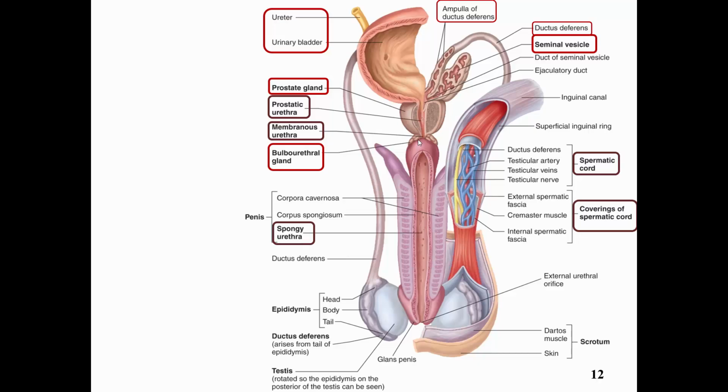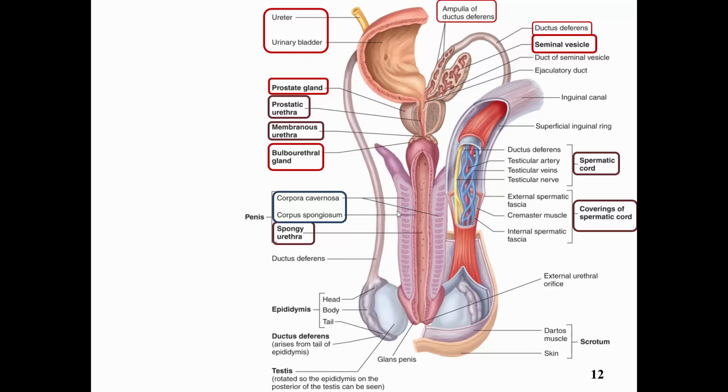If we take a look at the penis, we have at this cross section a number of important structures. The innermost portion that makes up the urethra here is what's called the spongy urethra, and that's made up of tissue referred to as the corpus spongiosum, and we'll talk about some of those details shortly.